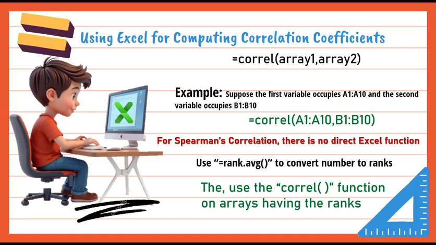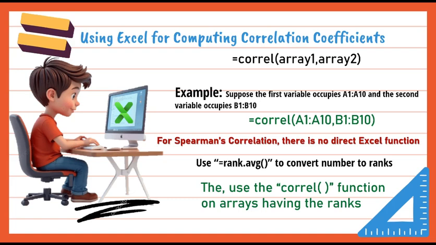If the data are numerical values which need to be converted into ranks, then you can use RANK.AVG, and within the bracket you give the cell address, which will convert the set of values into the corresponding ranks, and then we can compute the rank correlation coefficient.